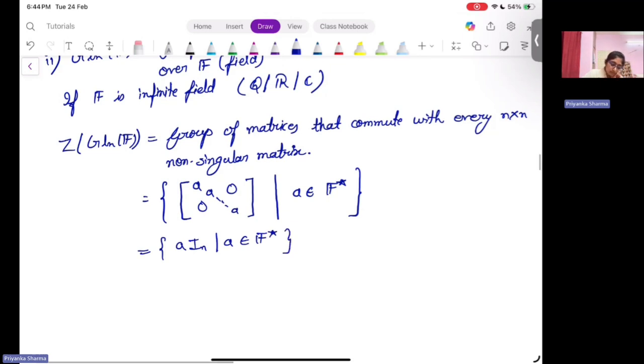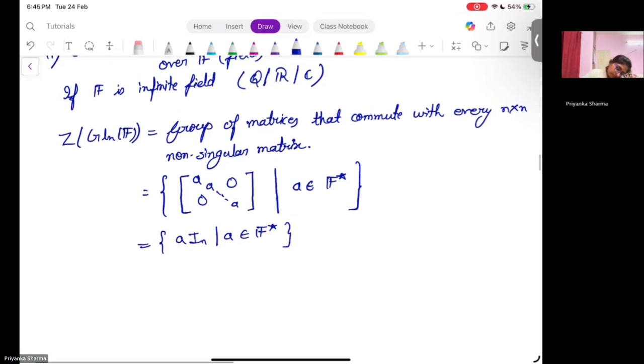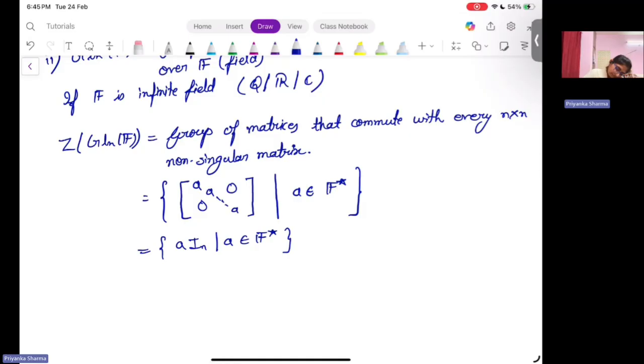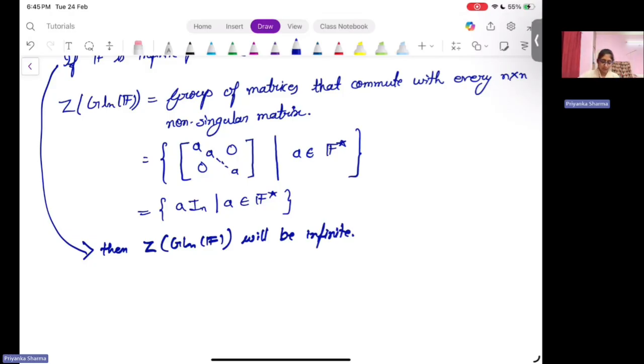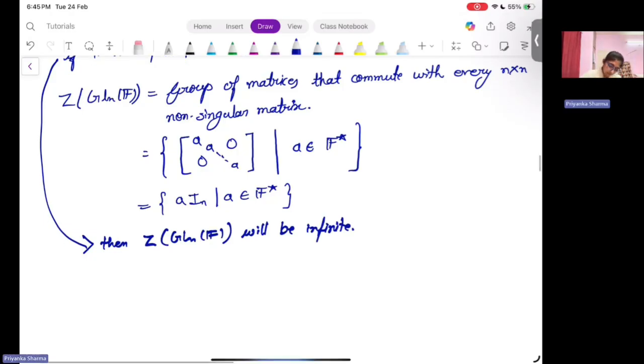So if F is an infinite field, then the center of GLN F will be infinite. Why? Because this Q star or R star, C star, all are infinite.